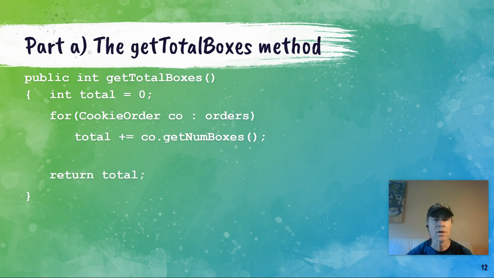And there is this guy here. This came from the cookie order object that they have a getter for. The getNumBoxes is going to return that particular one. So for every cookie order in my orders, I am going to get the number of boxes that are going to be used for that particular project. All right.